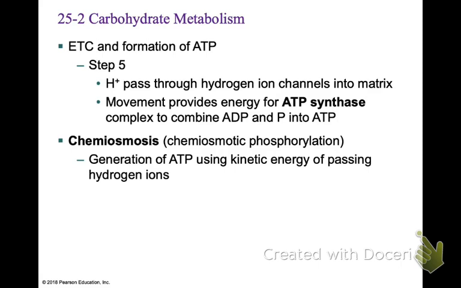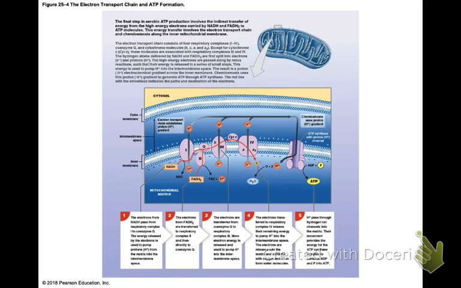And ATP synthase uses a process called chemiosmosis. Chemiosmosis is the movement of those hydrogen ions back from the intermembrane space through the inner mitochondrial membrane back to the matrix. And when those hydrogens channel through the ATP synthase, that powers the production of ATP.